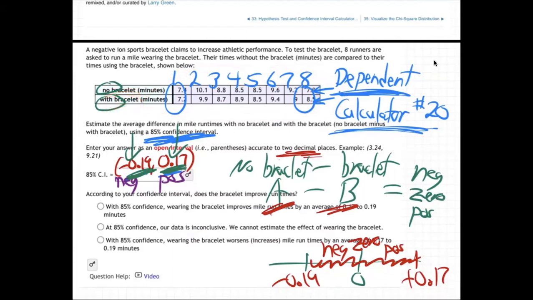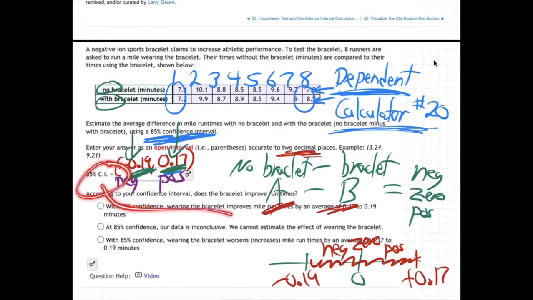Well, we're 85% confident that if you take everybody in the world and have them run with no bracelet and then with a bracelet, and you take the difference between their times, the difference for everybody will be somewhere between negative 0.19 and positive 0.17, which means it could be negative, could be positive, could be 0. So we just don't know.